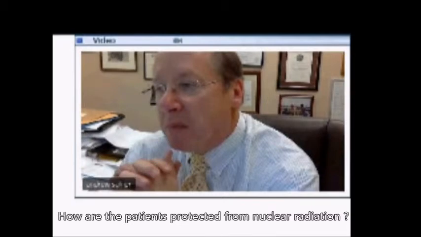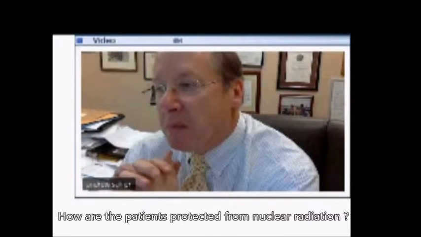So, for example, one of the isotopes that I didn't mention to you is something called radium-223. And that's an isotope that we inject into a patient's vein that goes to the bone for patients who have cancer that's spread to the bone.